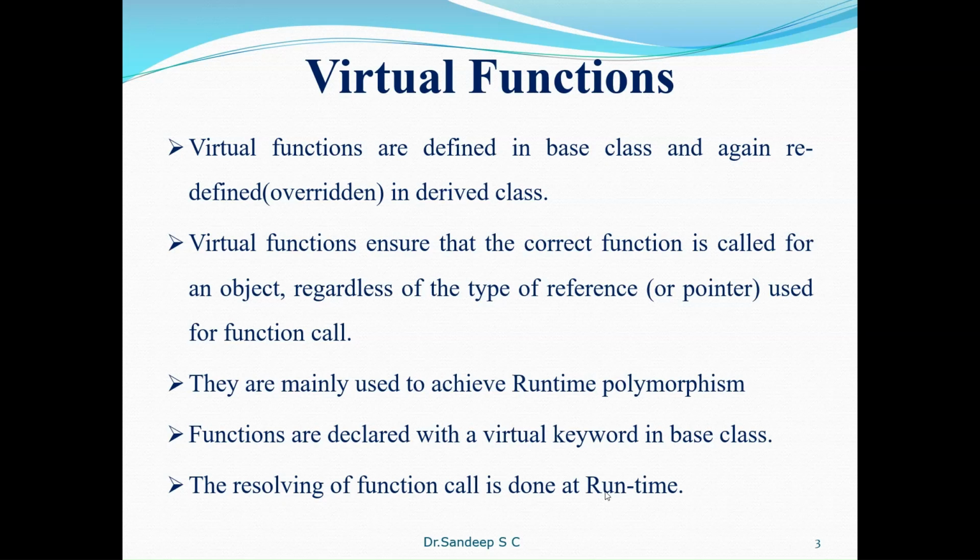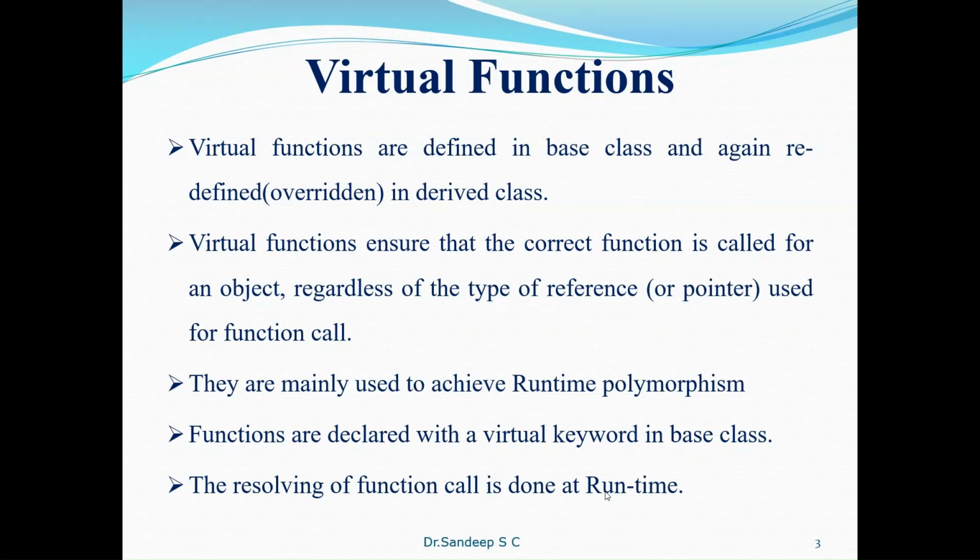So virtual functions ensure that the correct function is called for an object, regardless of the type of reference used for the function call. Whether the base class function or a derived class function should be called, it will take the appropriate decision and that function will be invoked. That is why we use virtual functions. Otherwise, in overriding, what happens?